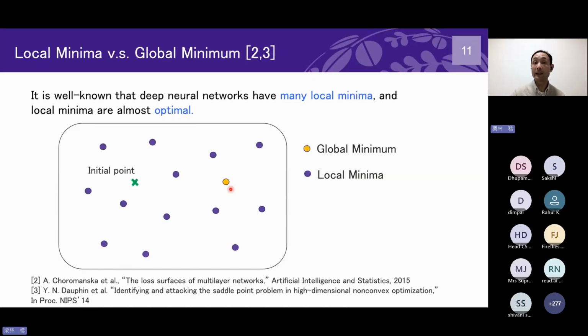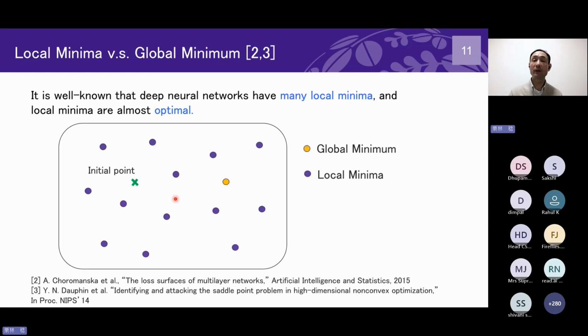It is sufficient to find a local minimum because the performance is almost optimal, very close to the global minimum. So this is the training of the original task.